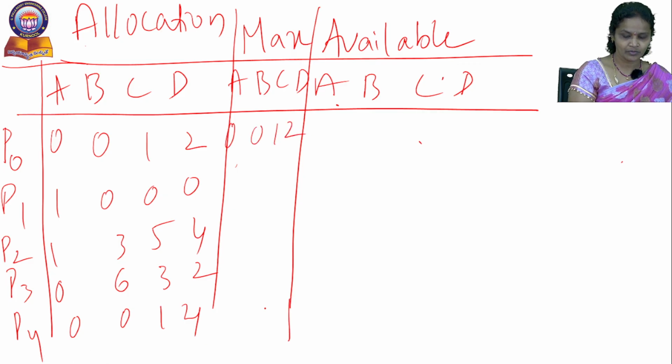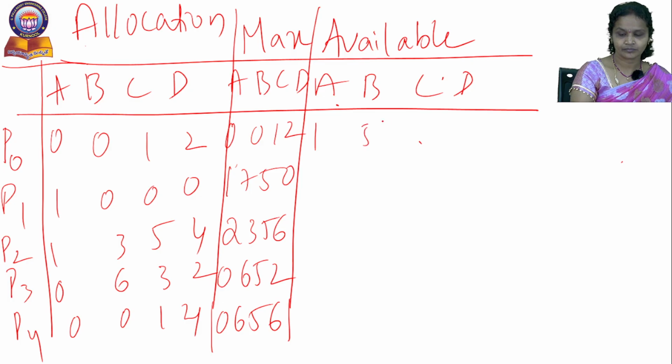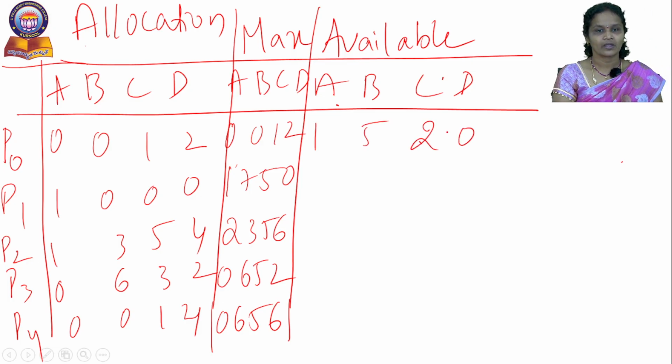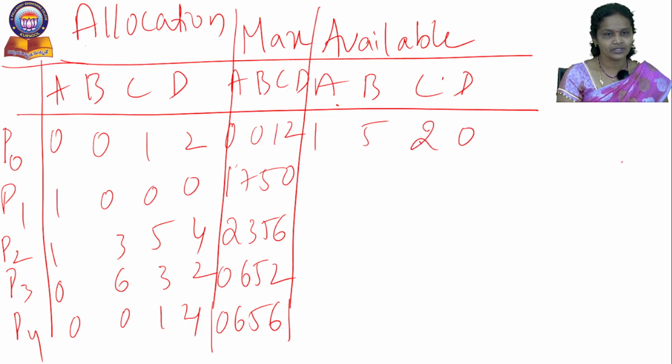Let us see each and every data structure in detail: why we are using these data structures, and how we are going to check whether the system is in a safe state or not. So this is an example.